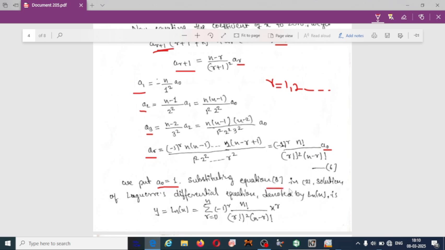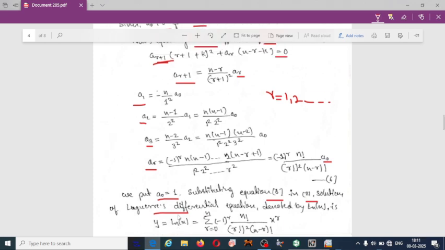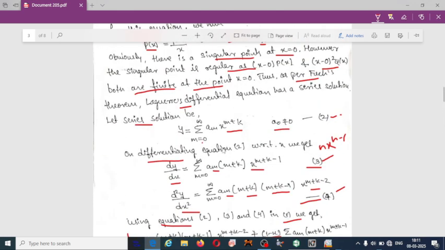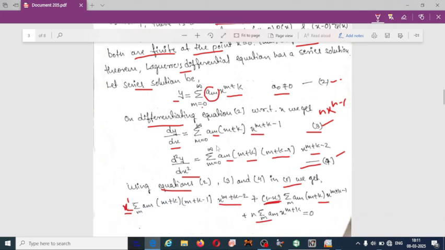Substituting equation 6 in equation 2, the solution of the Laguerre differential equation, we can denote it by, so equation 2 is y equal to summation m equal to 0 to infinity a m x to the power m plus k. In this we have to put the value of a r, that is a m equal to a r.